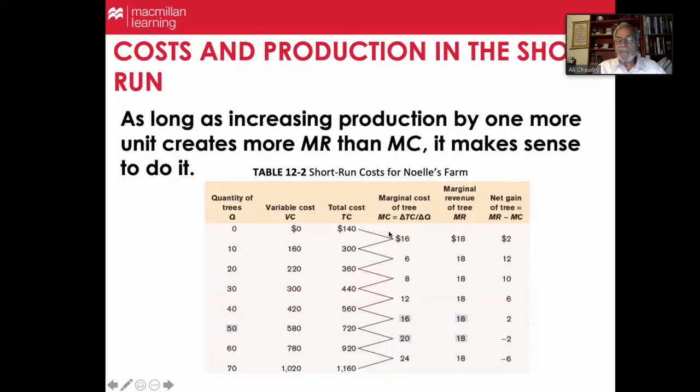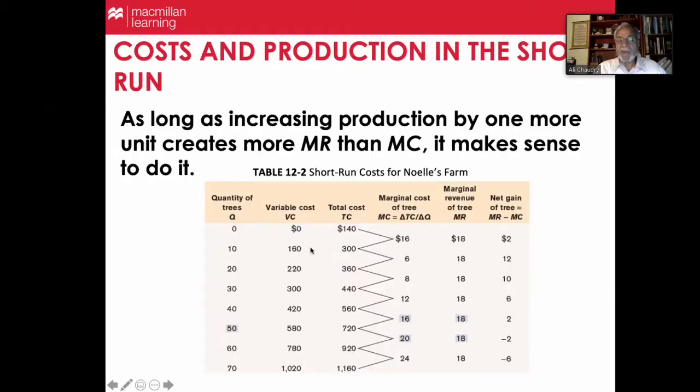So starting off, when there are no trees to sell, there is a fixed cost of $140, and that is also the total cost at that point. Once we start selling, so for 10 trees, the variable cost is $160. Okay? The farmer is able to produce a tree at $16 per tree.